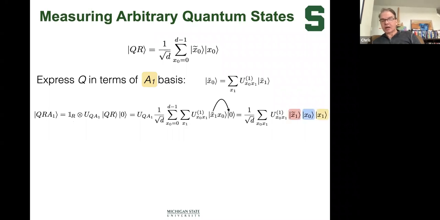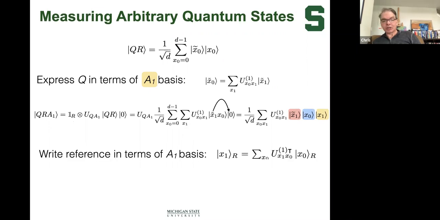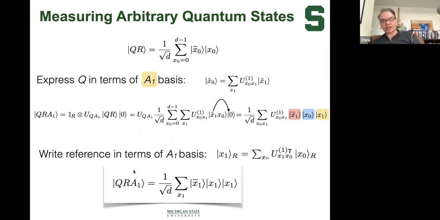Turns out that we don't actually need it, because I can actually write the reference in terms of the A1 basis also, and it turns out that that's rotating it in the other direction. I'm not showing you the proof. Now you just have to believe me. So once I do that, I actually can write the joint state of the quantum system, the reference system, and the ancilla as an entangled state of 3, and there's no more rotation matrix.